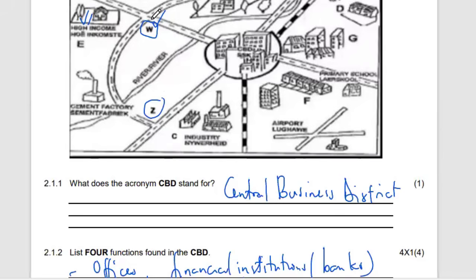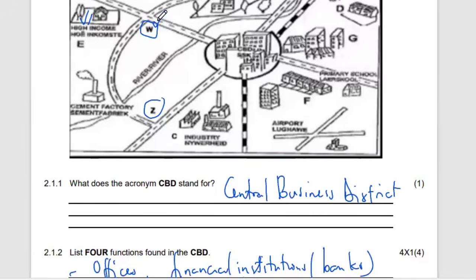And for the other reason, you can see there is a crossroads here, which is also convenient. People can link from this direction, and also from this direction, and also from this direction, which means it's more convenient because it is close to transport routes.